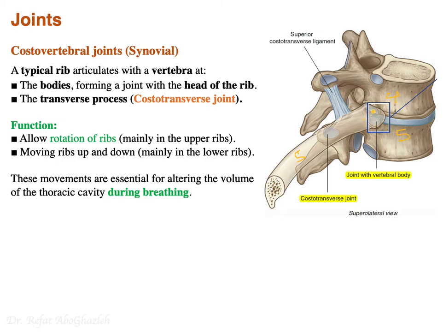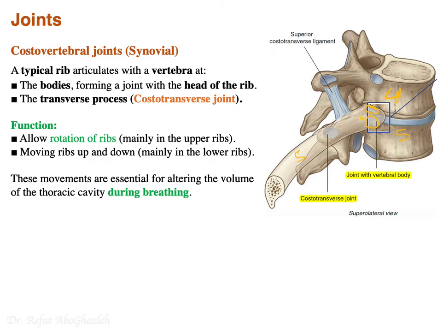As I mentioned, I will just repeat it again, the head of the rib has two facets or demifacets, the upper one and the lower one. The lower facet articulates with the same corresponding vertebra, and the upper facet articulates with the vertebra above it, that means thoracic vertebra number 4, and we discussed that in detail earlier.